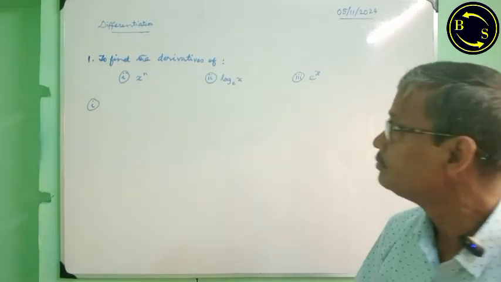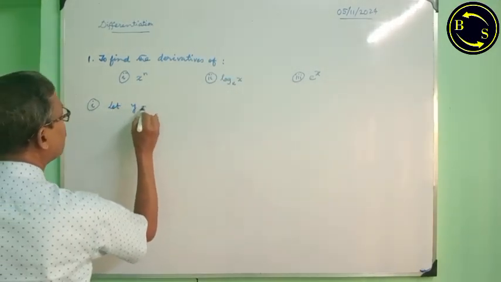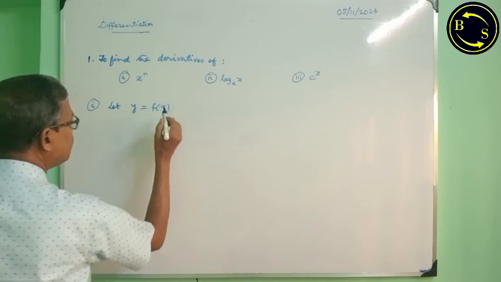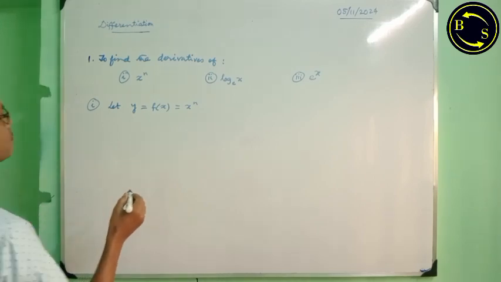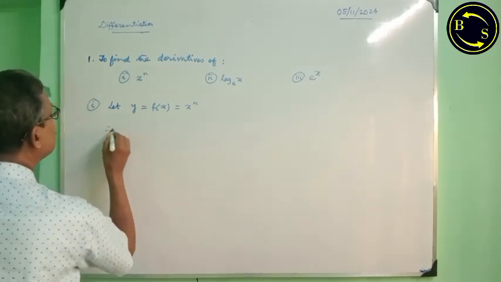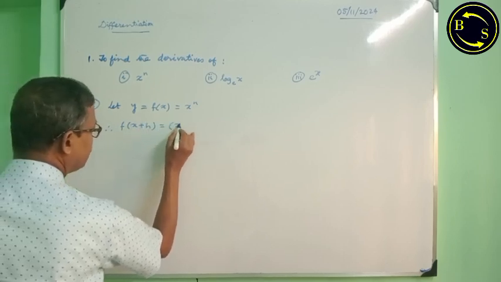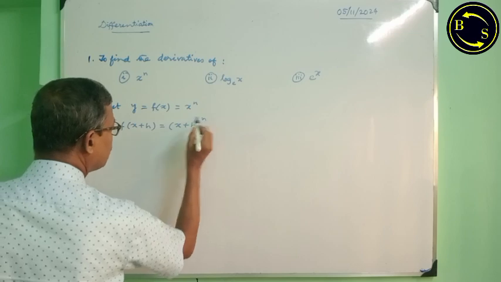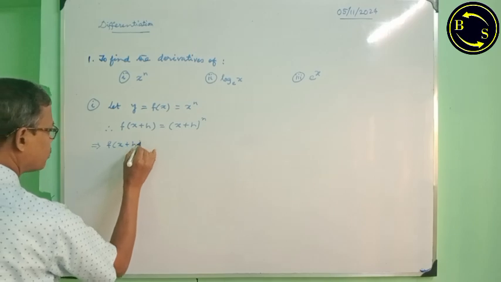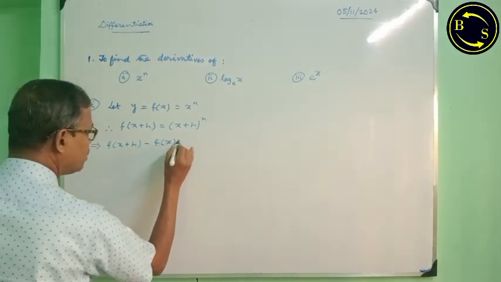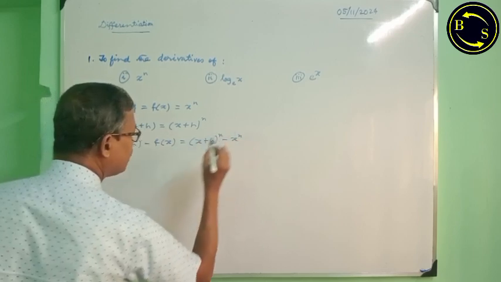First x to the power n. We start like this. Let y equal to f(x) is equal to x to the power n. Therefore, f(x plus h) is x plus h whole to the power n, so that f(x plus h) minus f(x) is equal to x plus h whole to the power n minus x to the power n.